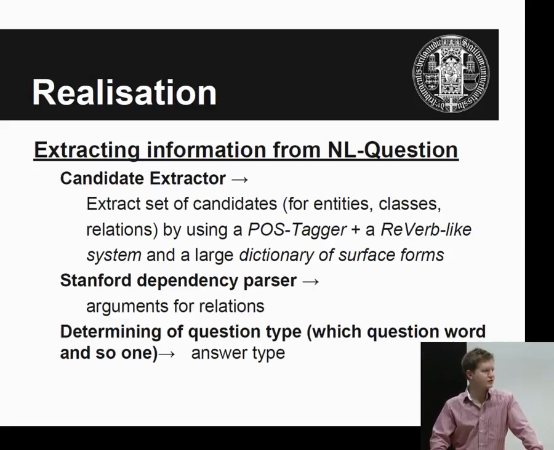In general, it gives us all candidates for possible entities, classes, and relationships. Then, for the relationships, the Stanford dependency parser gives us the arguments for the relations, meaning which objects belong to this relation, to build the triples. Also, it's important to determine the question type, because, for example, who gives us the information that we are searching for a person.